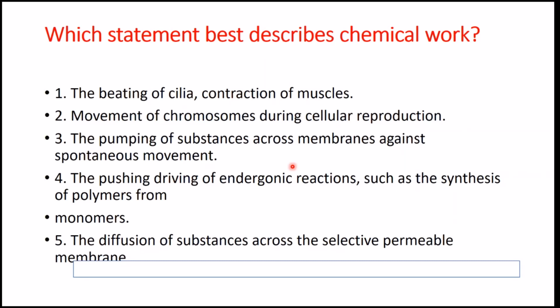Because we are running out of time, can I just give the answer? Yes, please. It's number 4, because chemical work involves the endergonic reactions in a cell, such as synthesis, building complex molecules from simpler ones, which require an input of energy.